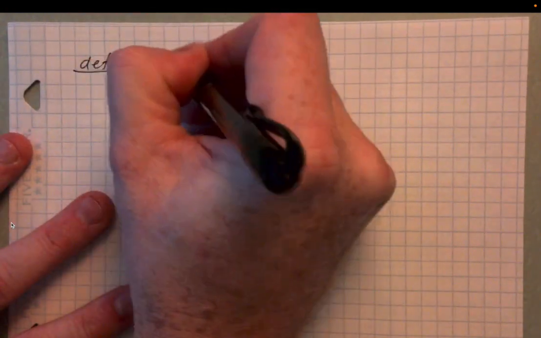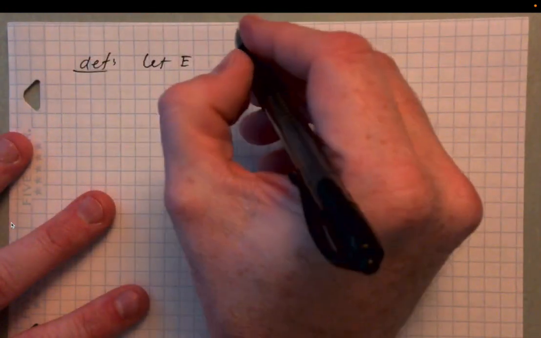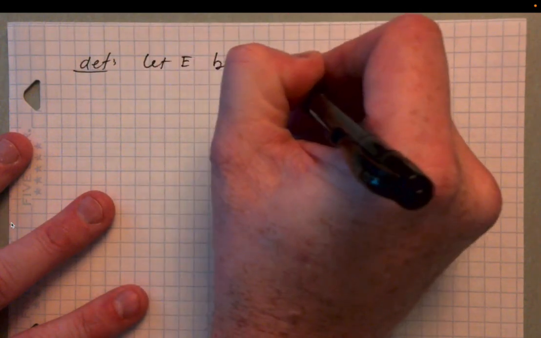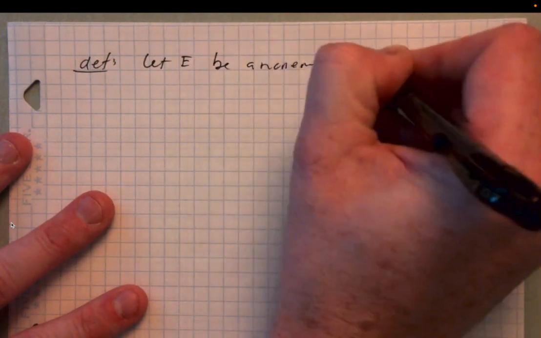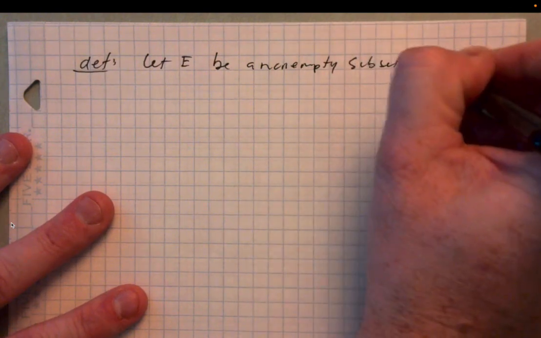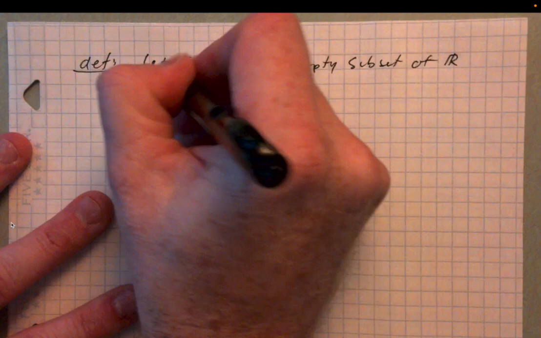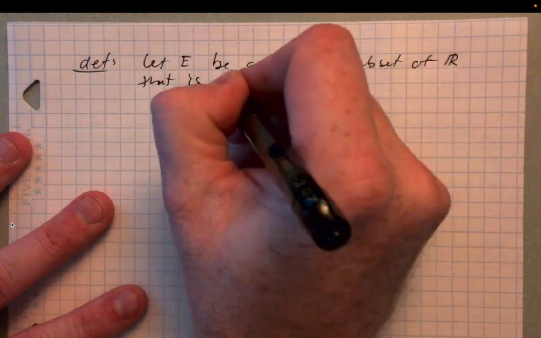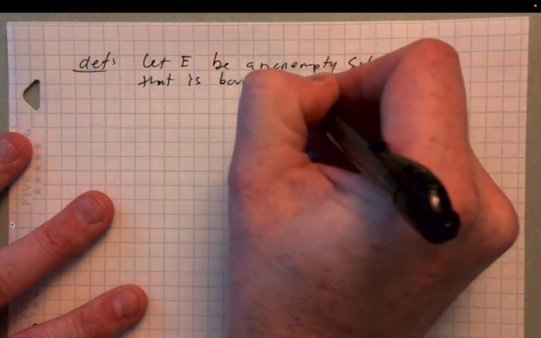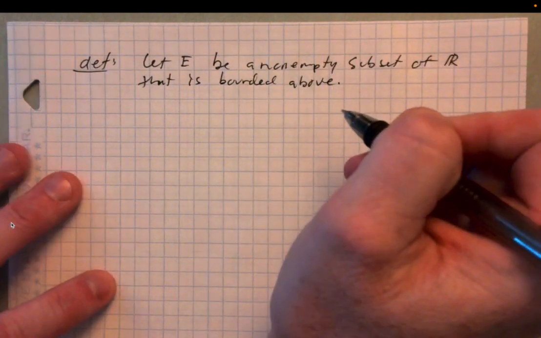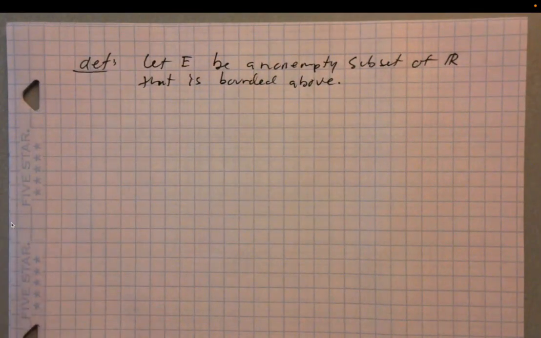Let E be a non-empty subset of R that is bounded above. So we'll start with a set E that's bounded above. We know what it means for it to be bounded above.